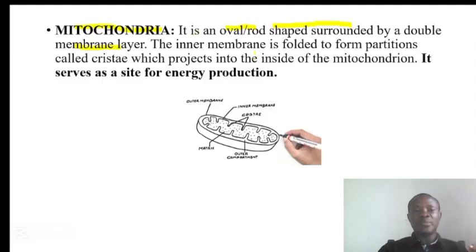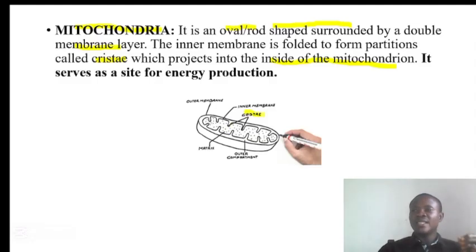The inner membrane is folded to form partitions called cristae, which project into the inside of the mitochondrion. Now, this is the first membrane here that is oval in structure. And in here, the inner membrane, you can observe it is folded inside.